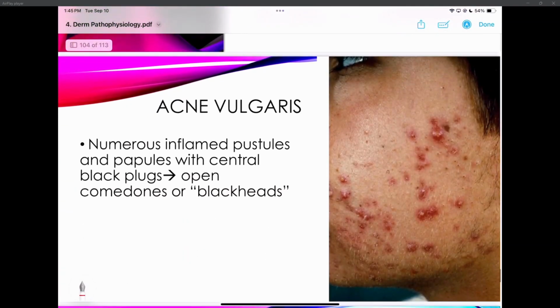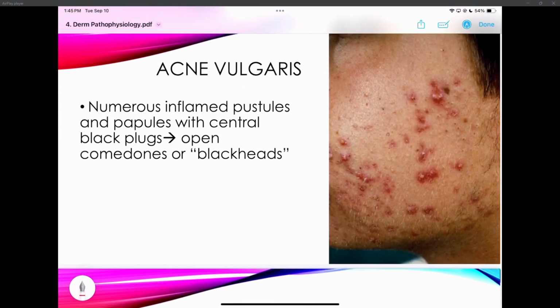So acne vulgaris: numerous inflamed pustules and papules with central black plugs, often open comedones or blackheads. They're black because the dirt and oil got trapped in there, making it black. Whiteheads are filled with white blood cells, pus essentially. But the whiteheads are closed comedones. Blackheads are open.